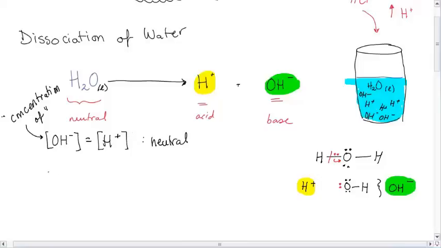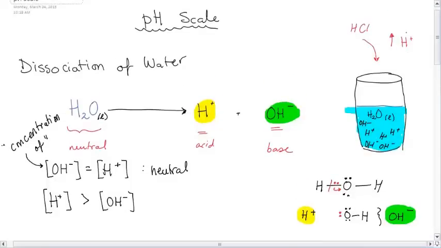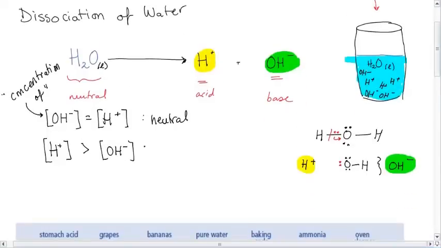However, if the concentration of hydrogen is greater than the concentration of hydroxide, that means there's more hydrogen ions than hydroxide ions, such as in my hydrochloric acid example up here, then we say the substance is acidic. Which makes sense because you've learned that hydrogen ions are what make an acid. On the flip side, if a substance has more hydroxide ions than hydrogen ions, then that means it's basic.